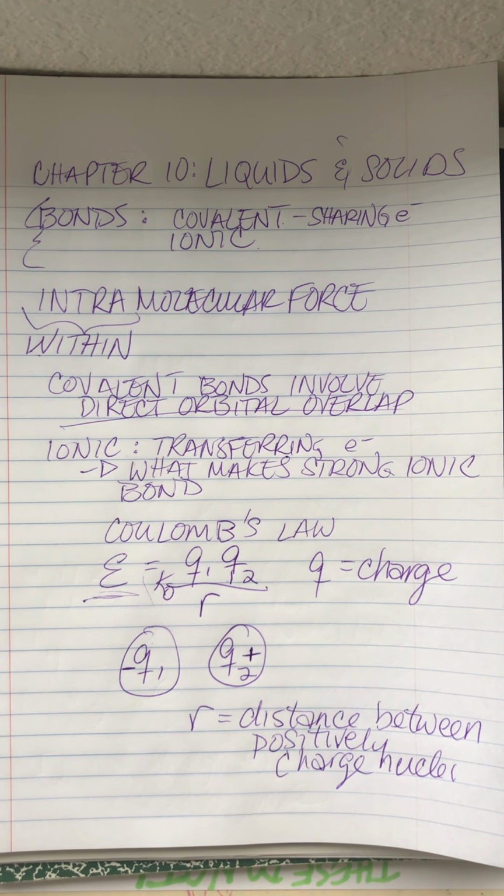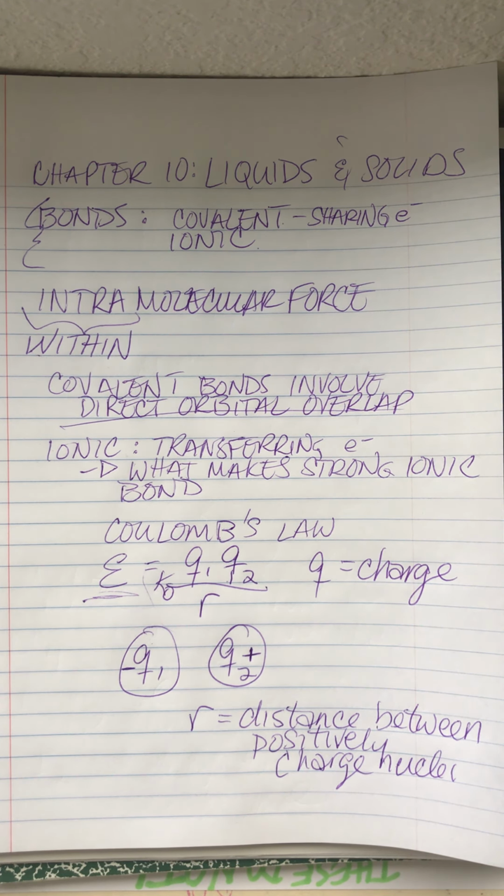Because they're sharing more electrons or something? It's more about, so Coulomb's law is giving you information about the electrostatic potential, which is a fancy way of saying that opposite charges are attracted to each other and like charges repel, right? But we want to be able to quantify that.